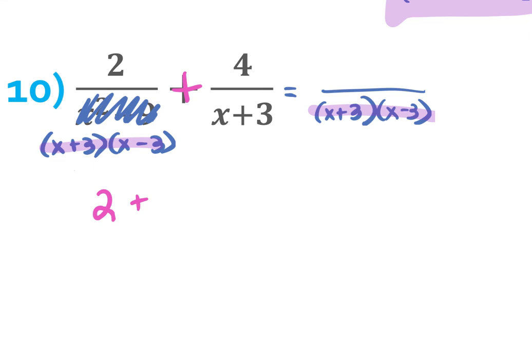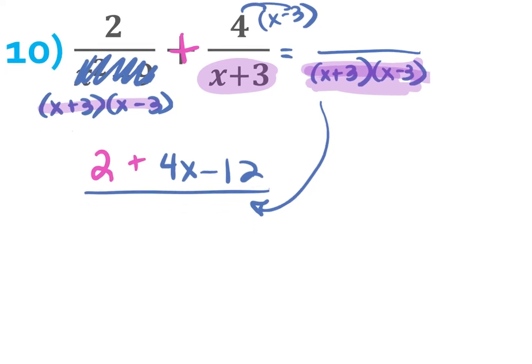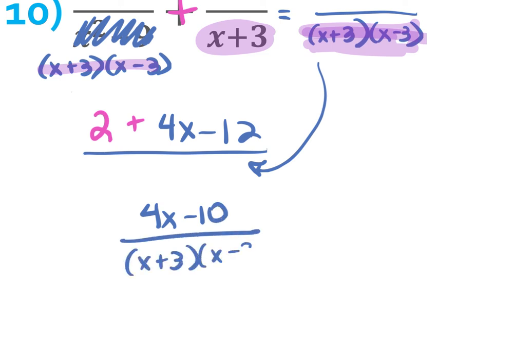And when I compare the x plus 3 to my new denominator, what's missing? The x minus 3. And then I distribute. So I'd get 4x minus 12 goes over my like denominator. And then I combine like terms, and I get 4x minus 10 over x plus 3 times x minus 3.